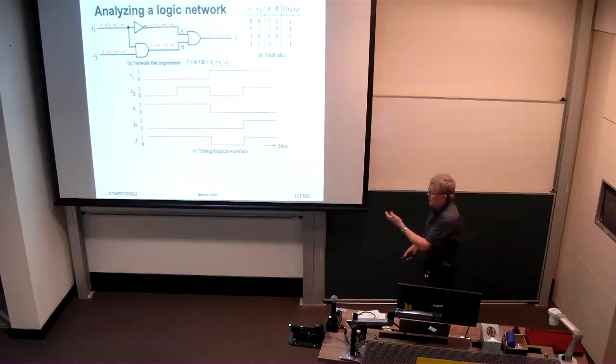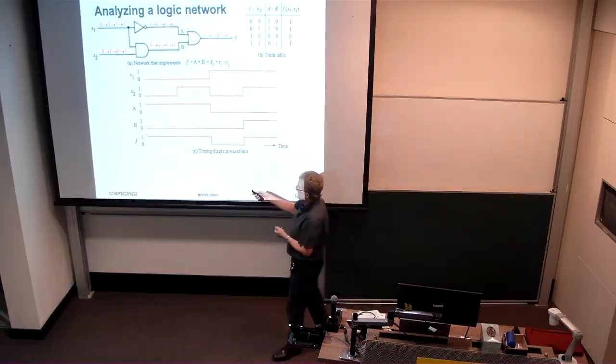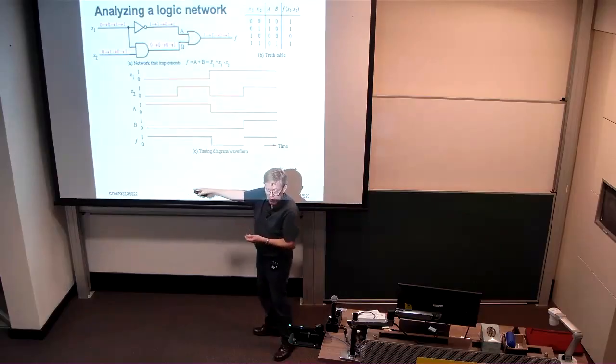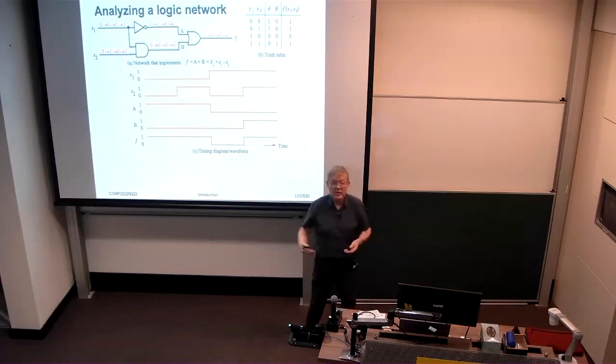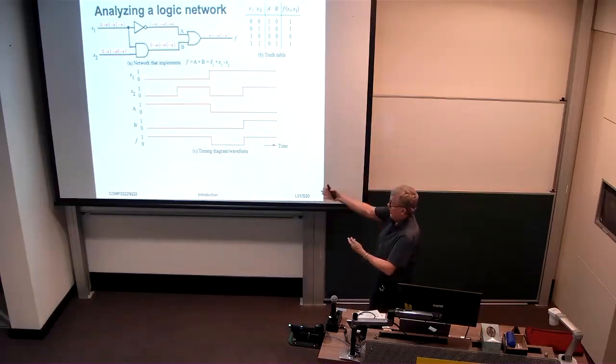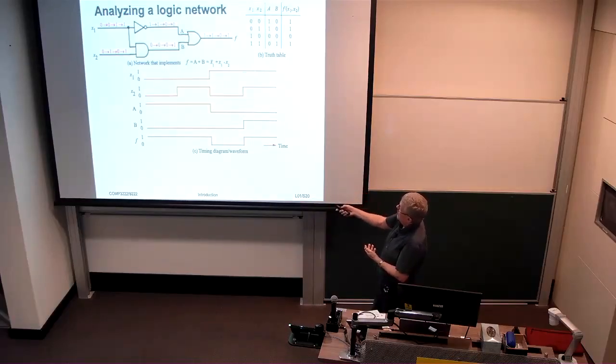Or we could derive what's known as a timing diagram. These are usually output by an oscilloscope. If you apply the inputs x1 and x2 in this manner, and here it's been done systematically because x1's period is twice that and half the frequency of that of x2.